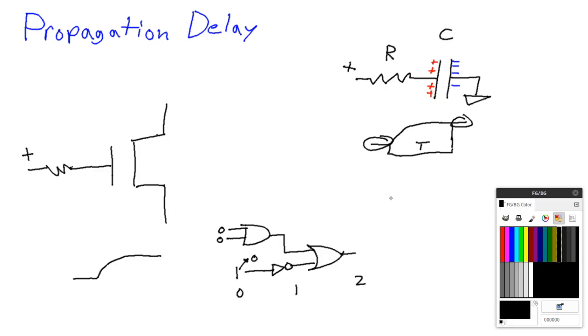And so that's why gates will have their propagation delay, or their rise and fall time, listed, and that's just something that you need to design around, or that helps dictate the frequency you can run your circuits at, or the time provisions you have to make.